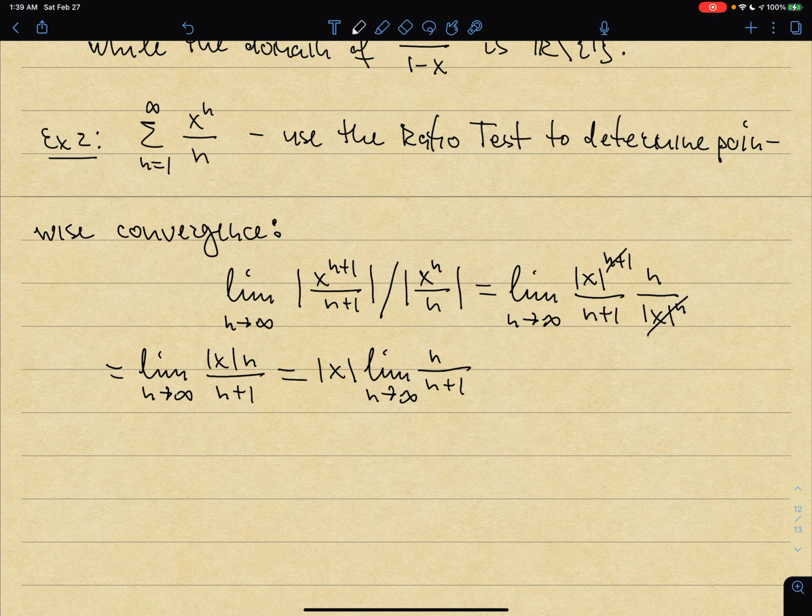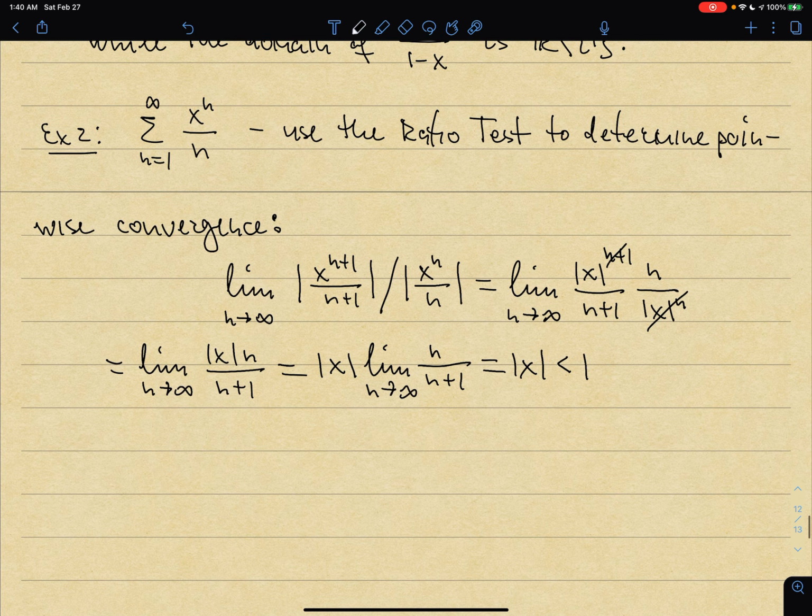If you do any of these, essentially when n is large, you have n on the top, n on the bottom. The limit of the ratio is 1. You have absolute value of x there, so absolute value of x is the limit. And the series is going to converge as long as the limit is less than 1, right?